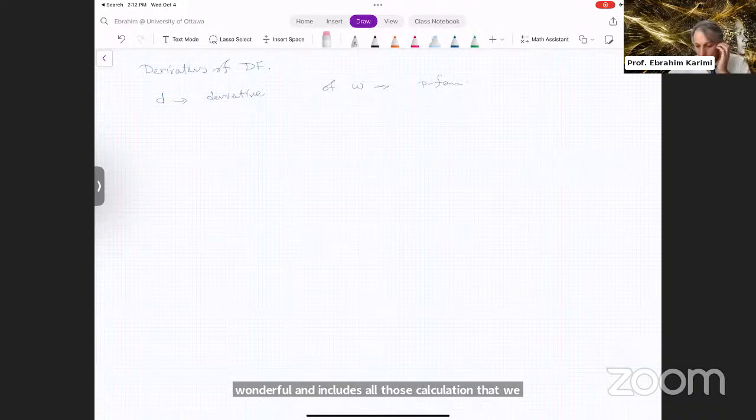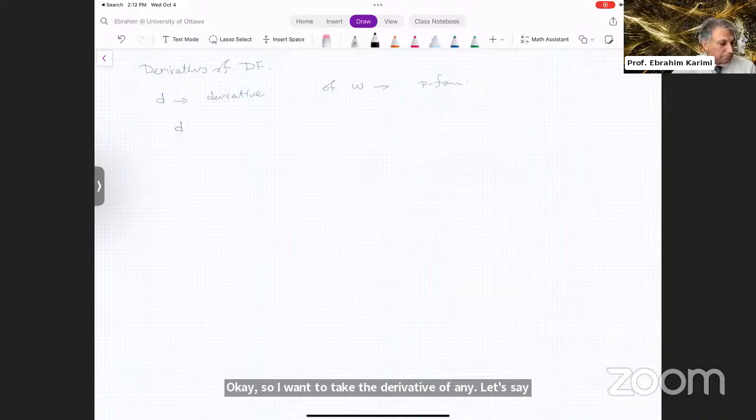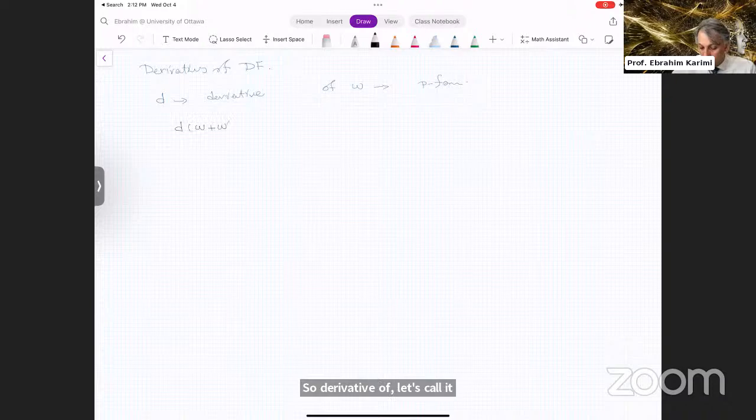So I want to take the derivative of, let's say, the sum of two P forms, assuming that omega is a P form and omega prime is a P prime form.